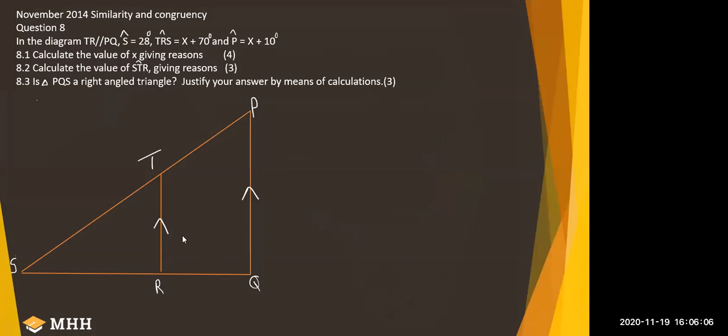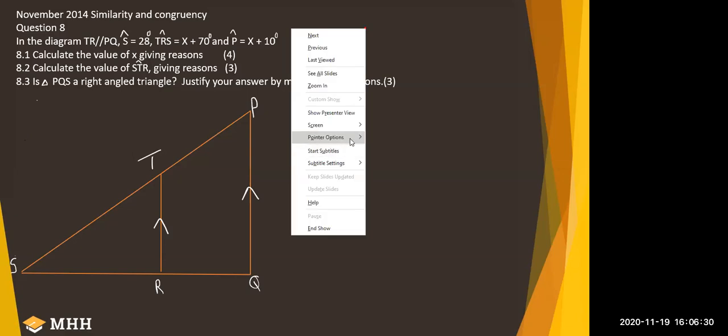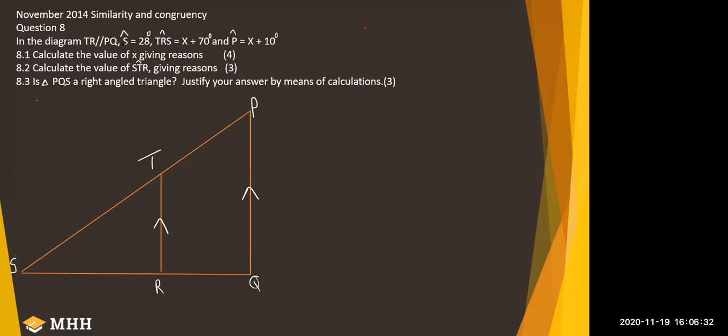If you look at this diagram, it says TR is parallel to PQ. It also says angle S is 28 degrees. So what I will do, I think tomorrow I will make it super tricky. So today I'm going to explain all the basics, and then tomorrow I will give you a more difficult one.